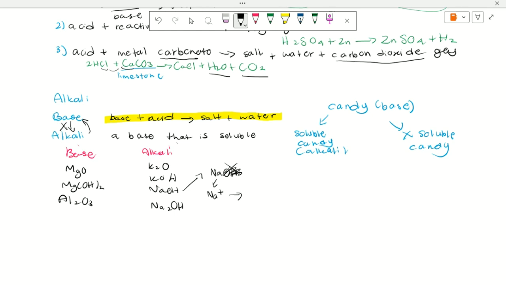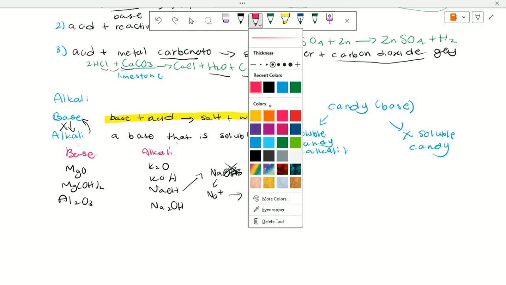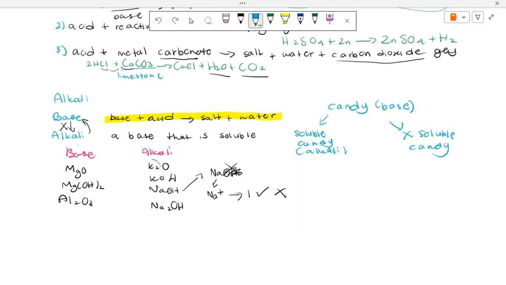If it's 1, then it is an alkali. But if it's other charge, it's not an alkali. So if you notice, all of these are plus 1 charge. K plus, and Na plus, and Na plus.